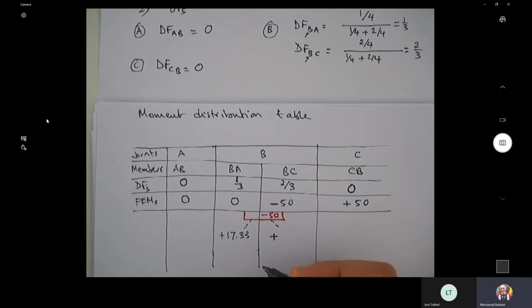And then if you do 50 times 2/3, please, for me. Is it 33.33? So when you add them up, you should get the 50 here. Is that okay?